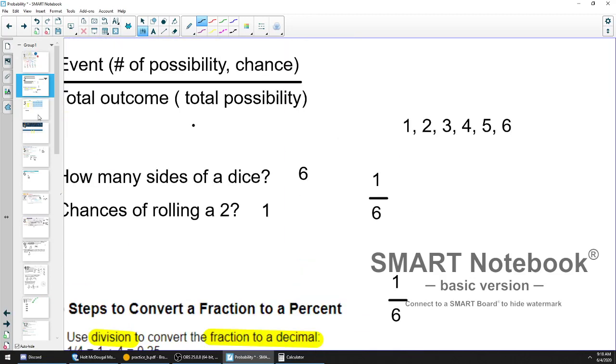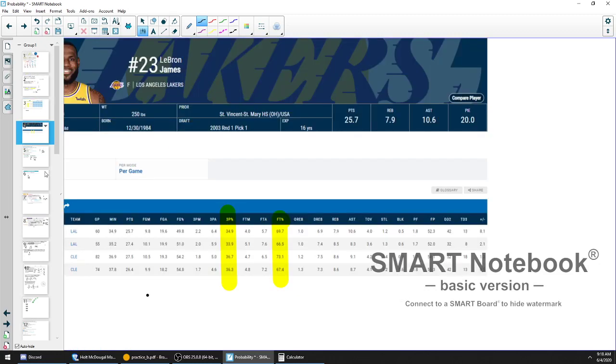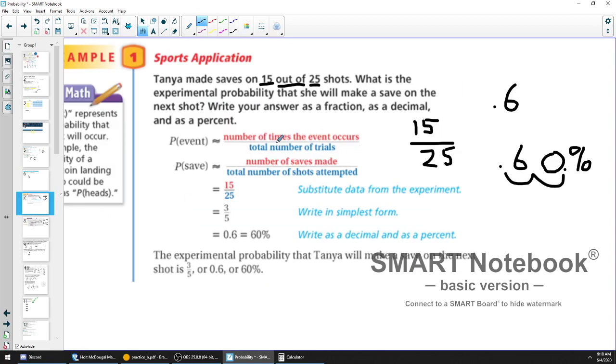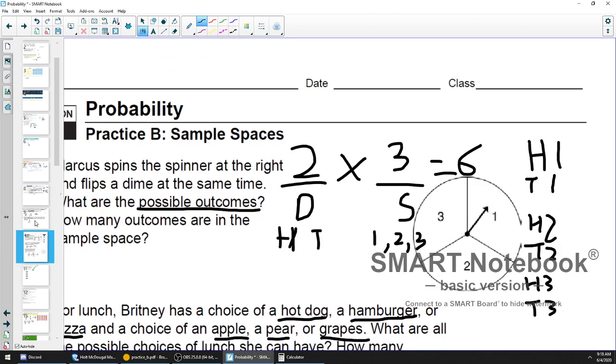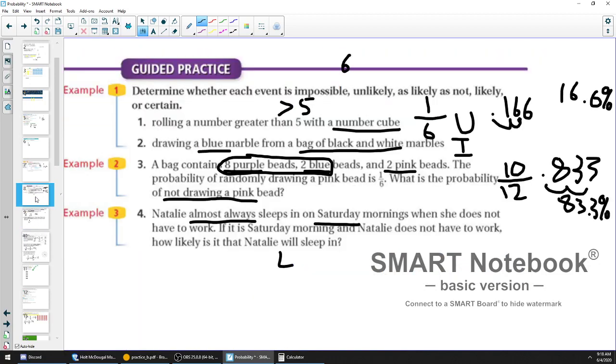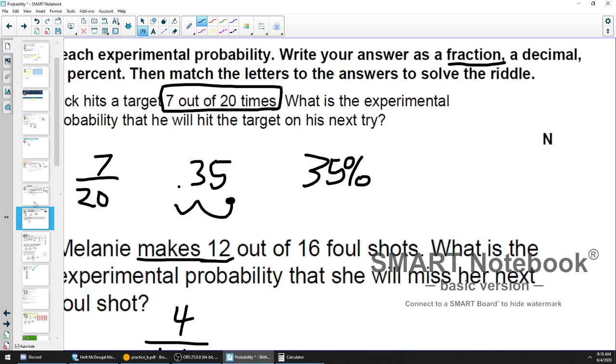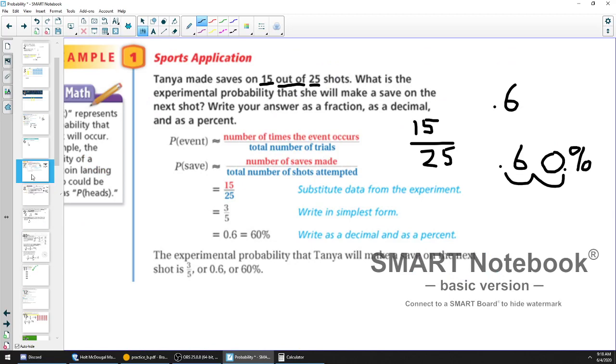Okay, so remember, this is just a small review of what we learned before about something being likely, the event, total outcomes. This is the first couple of problems. Our probability, number of times over the total. Same over here. Sample space. What do we do? We multiply the different outcomes.